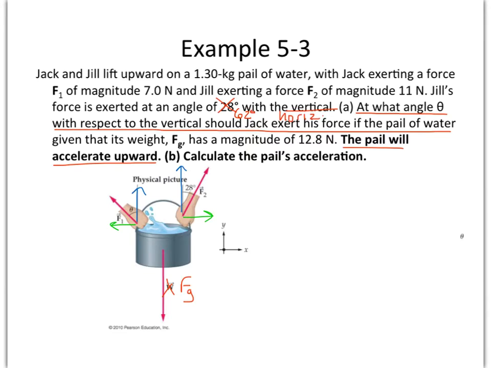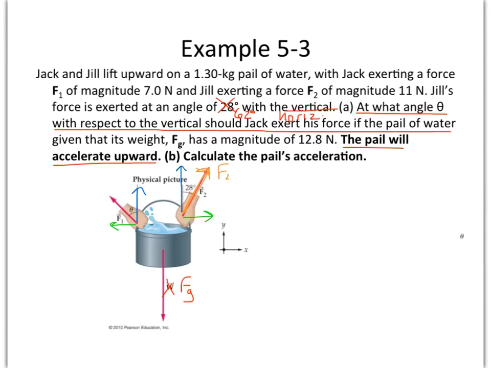62 degrees. So I'm actually going to draw Jill's stuff in orange right here. So here's Jill's force. Can't really draw on the line very well. Jill's force 2. Like that. Force 2.